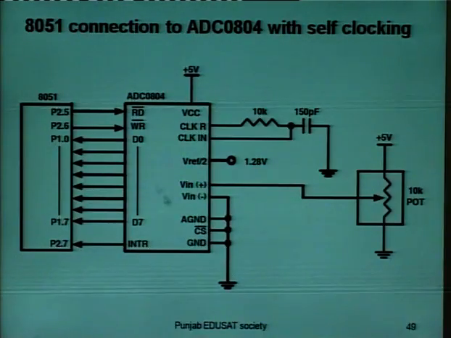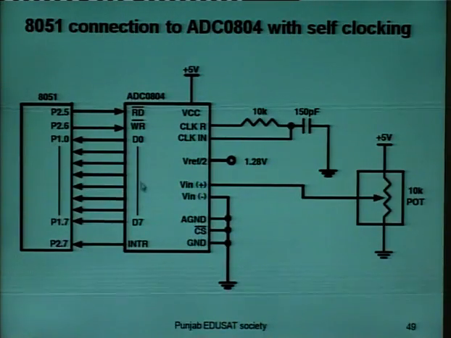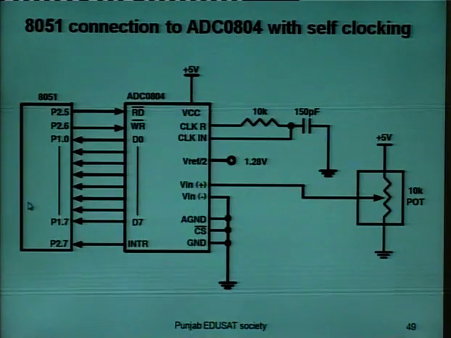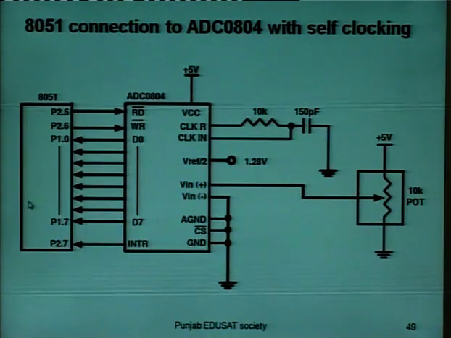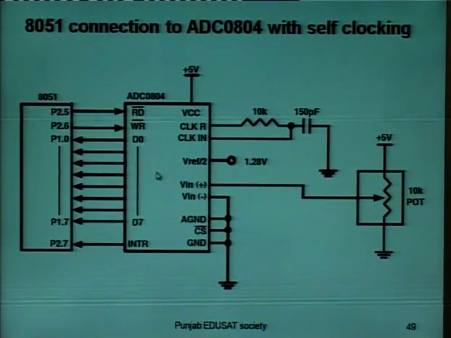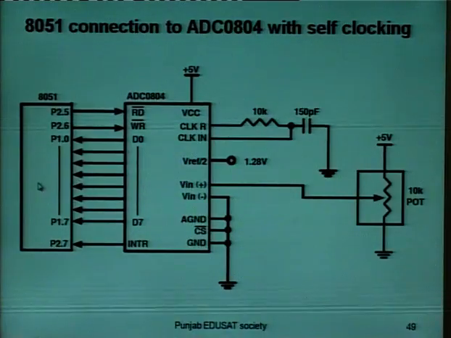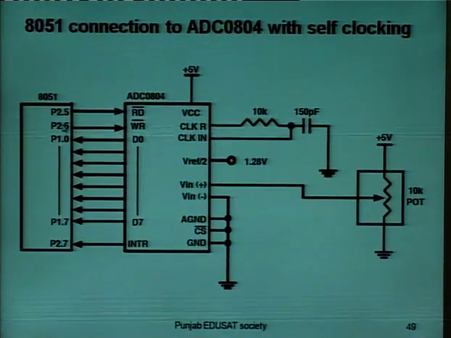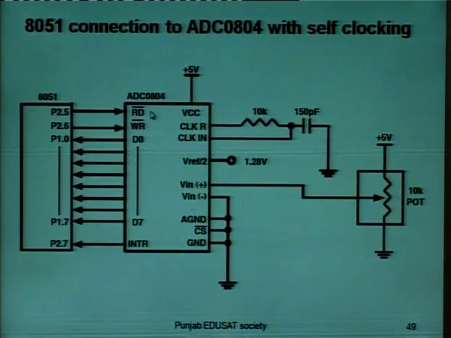Port 1 is connected to the data bus where digital data goes to the 8051. The analog signal is sensed and converted from analog to digital, then goes to the 8051. Port 2.5 pin is connected to read, 2.6 is connected to write and 2.7 is to interrupt.